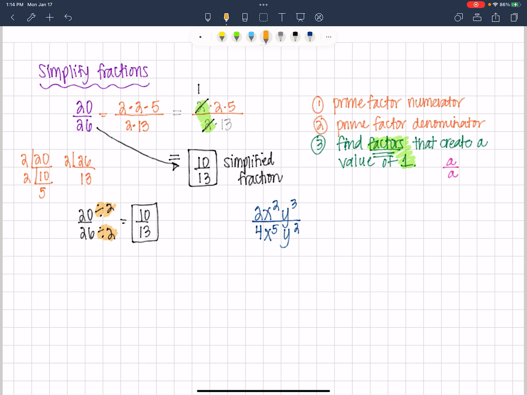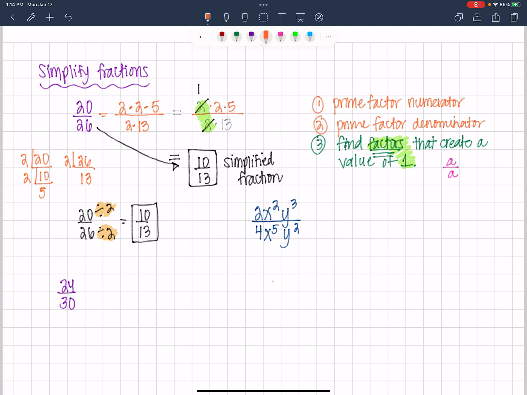Let's see what we have here. Let us simplify 24 over 30. So 24 divided by 30. So I'm going to prime factor 24 off to the side.